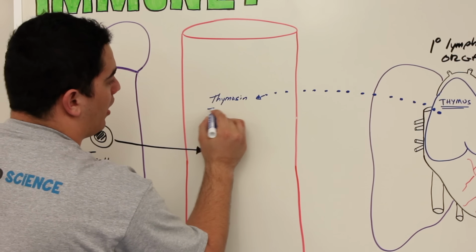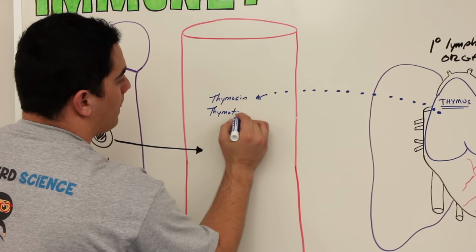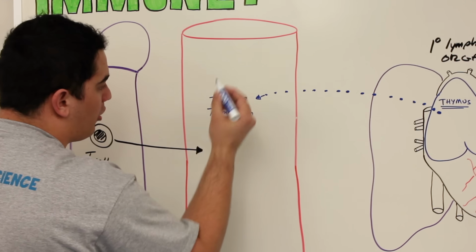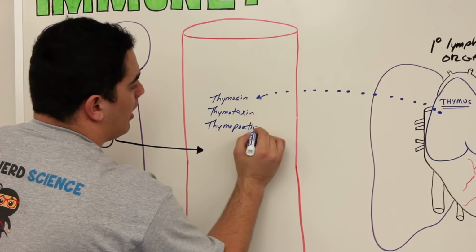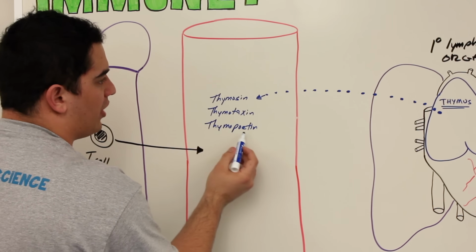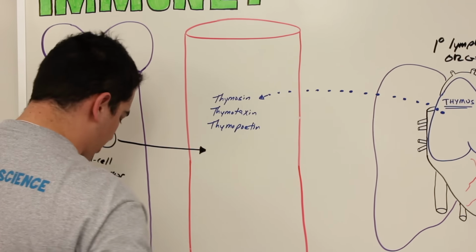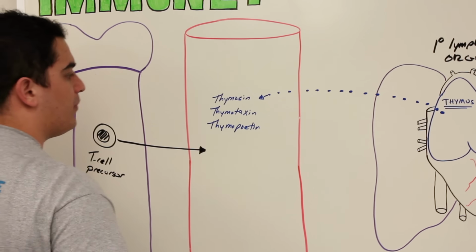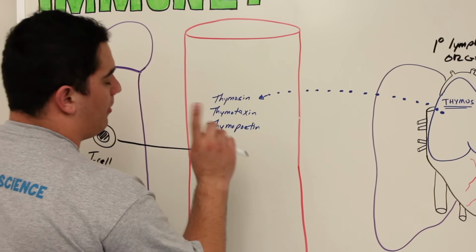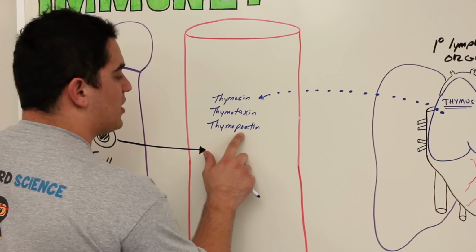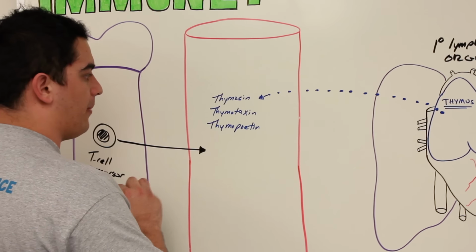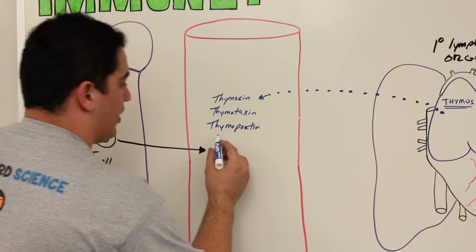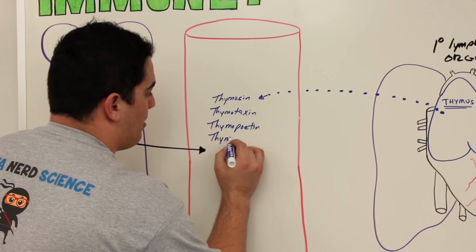Another one is called thymotaxin. Another one is called thymopoietin, which also helps to draw these T cells to the thymus gland. Another one that's really important is just generalized thymic factors.